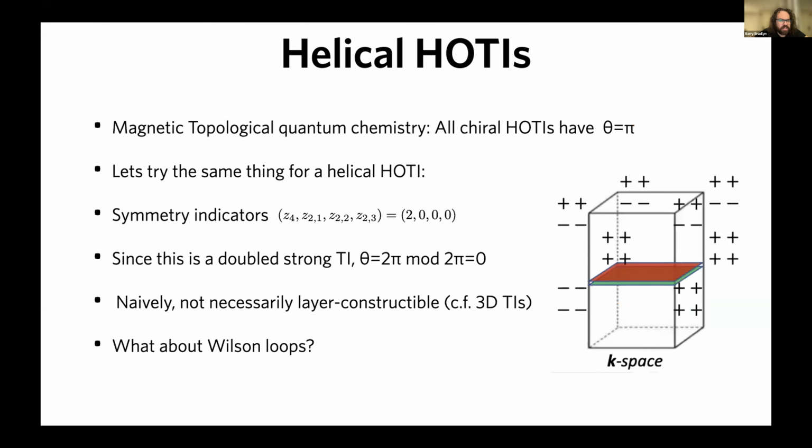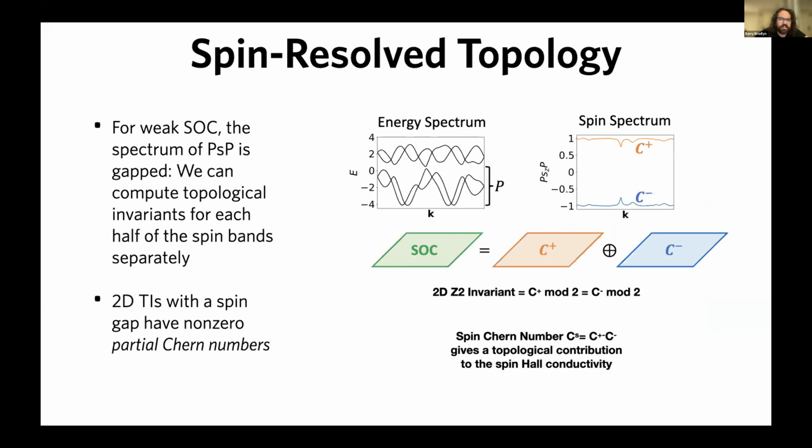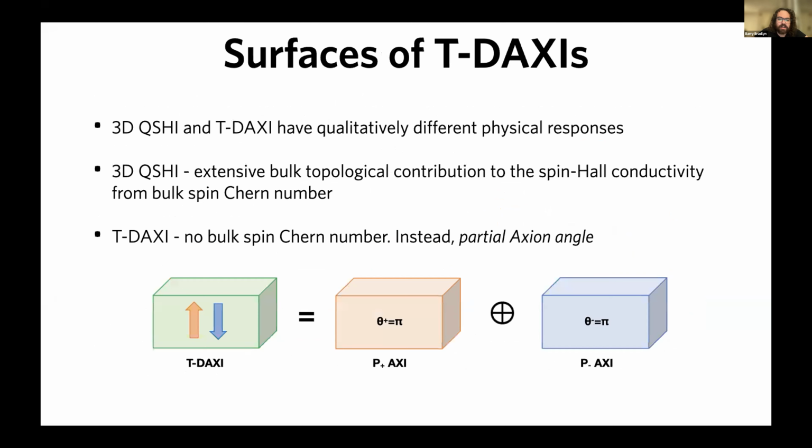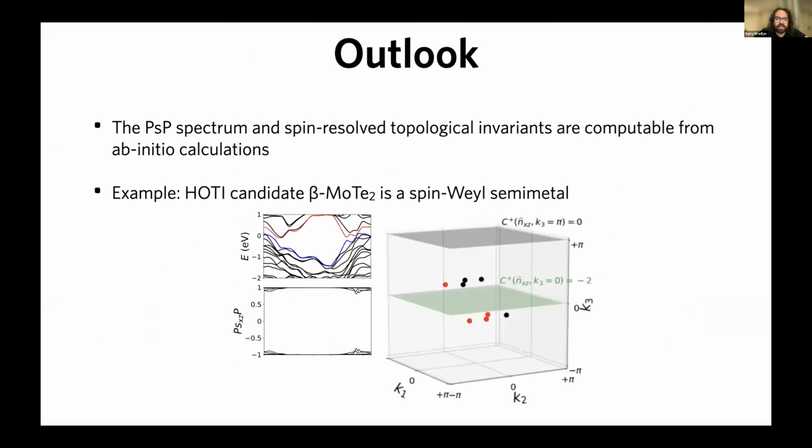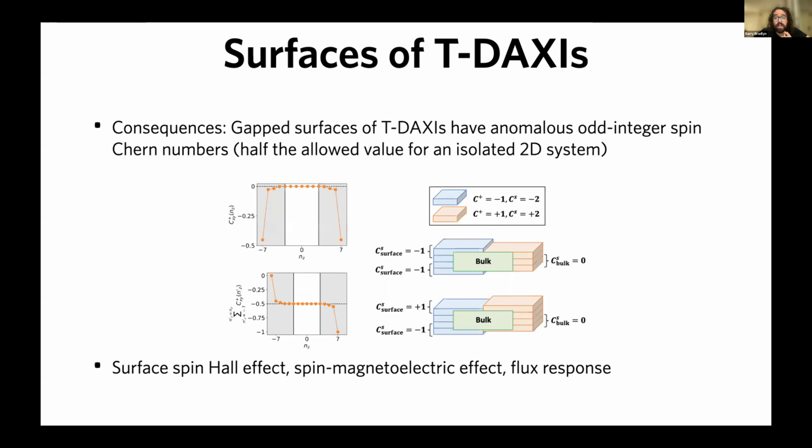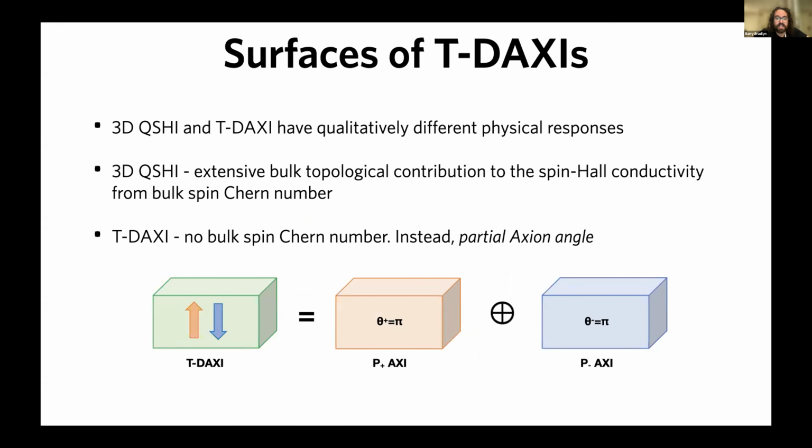That's why we chose MoTe2 as the first material that we looked at using the spin resolved formalism, because we know from a paper from the Bernevig group from a few years ago that the beta phase of MoTe2 has the symmetry indicators of a helical Hall insulator. The other materials I'm really excited about, which I learned about from you, are these bismuth halides.